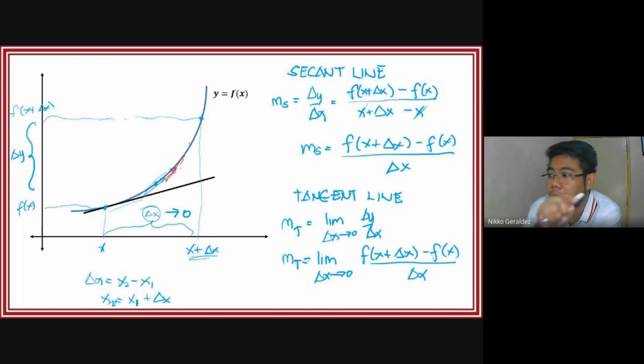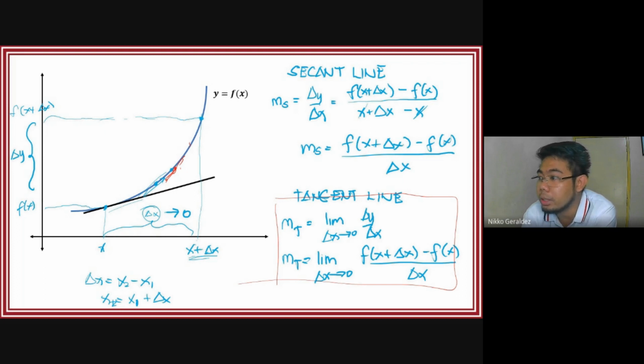Ibig sabihin, pag nag-iiba yung point sa curve, nag-iiba din yung slope mo. Para ma-solve yun, ang formula natin ito: limit of delta y over delta x as delta x approaches 0. So, yun po yun.